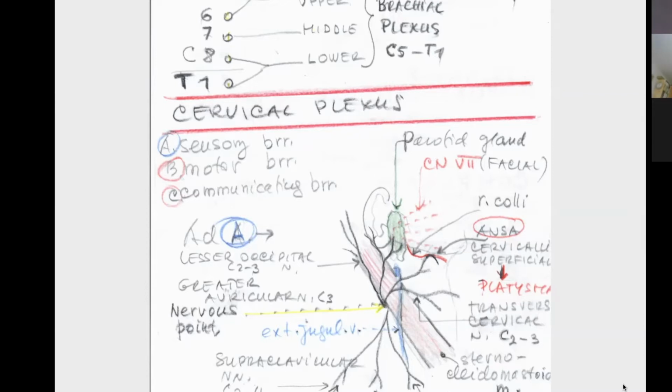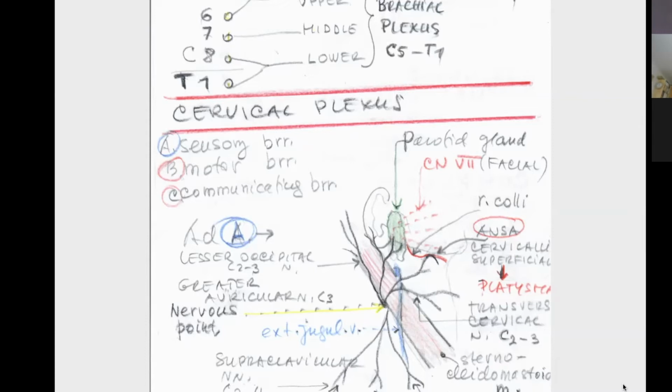The red line has the name R, that means ramus colli, belonging to the facial nerve, CN7, in red line. And I used the red color for the motor branches, because this nerve number 7 here is motor, and forms the interconnection with that transverse cervical nerve, which is called ansa cervicalis superficialis, superficial ansa.